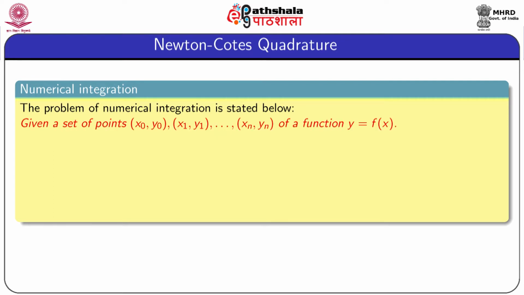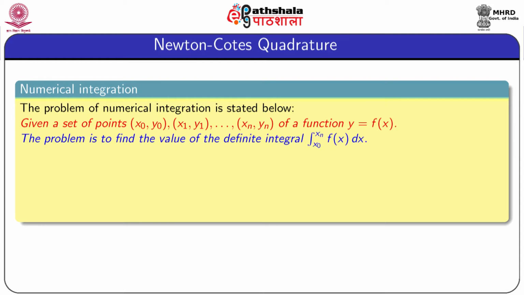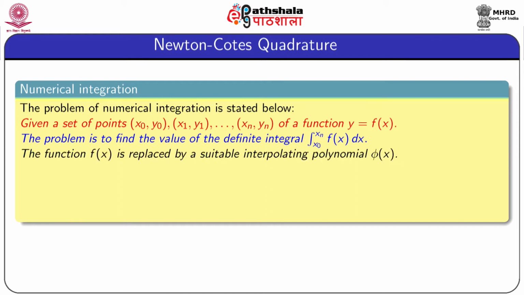Given a set of points x0, y0, x1, y1 up to xn, yn of the function y equal to f(x), the problem is to find the value of the definite integral from x0 to xn of f(x) dx. The function f(x) is replaced by a suitable interpolating polynomial, denoted by phi(x). This phi(x) may be the Lagrange interpolating polynomial, Newton's forward or backward interpolating polynomial, or any kind of interpolating polynomial.